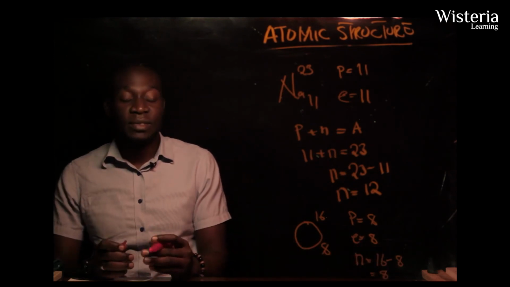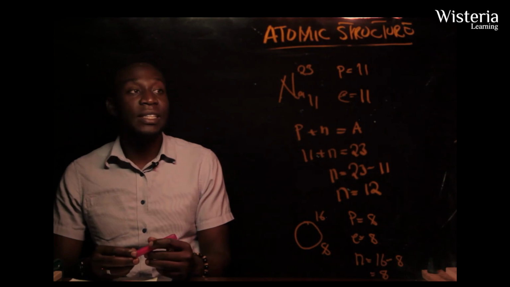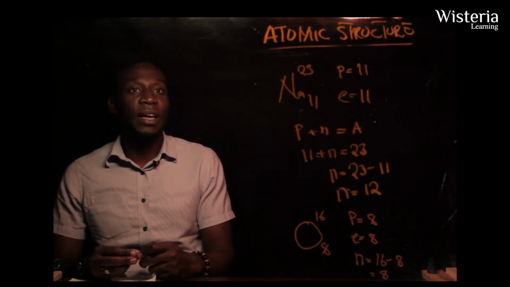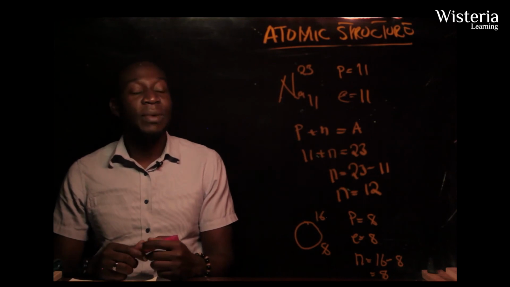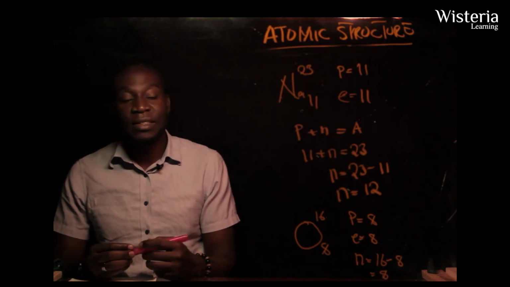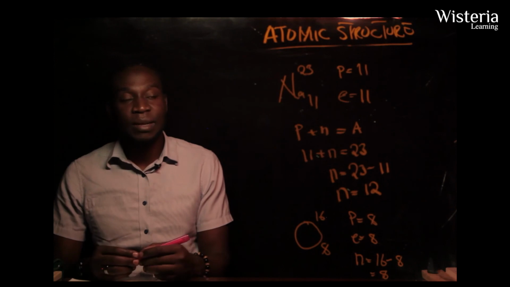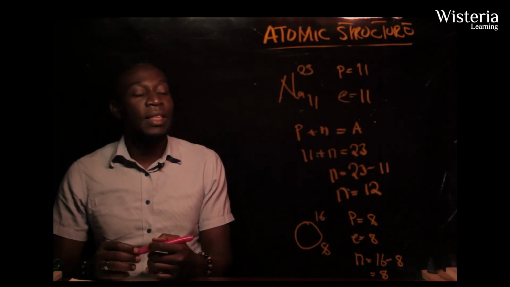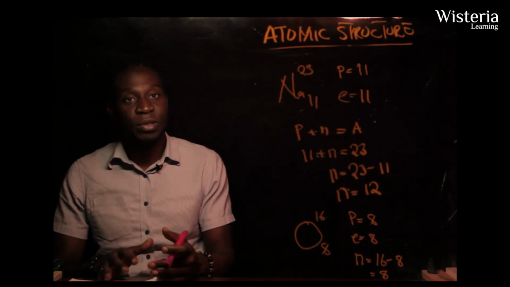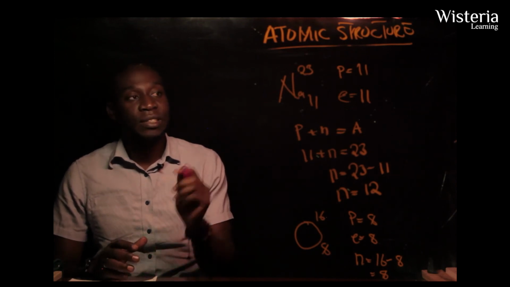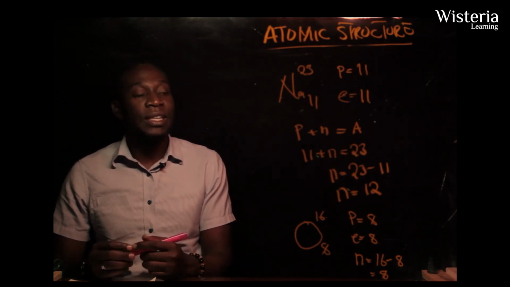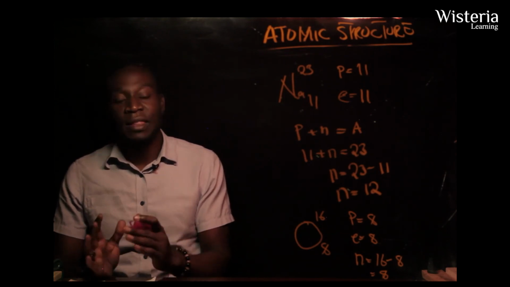So it's very easy to get the number of protons, electrons, and neutrons of an atom, because you'll be given the mass number and atomic number, which we get from the periodic table. The number of protons equals the atomic number, the number of electrons equals the number of protons because we are looking at neutral atoms, and the number of neutrons is the mass number minus the atomic number.